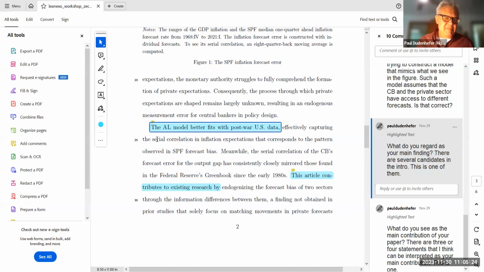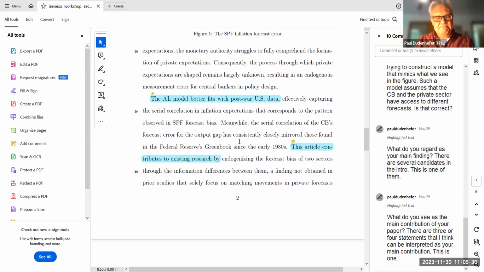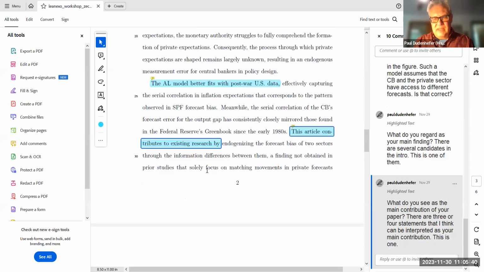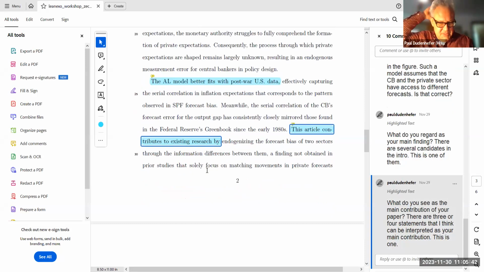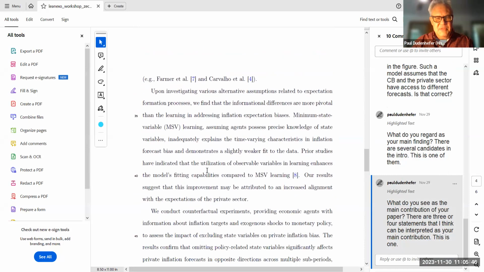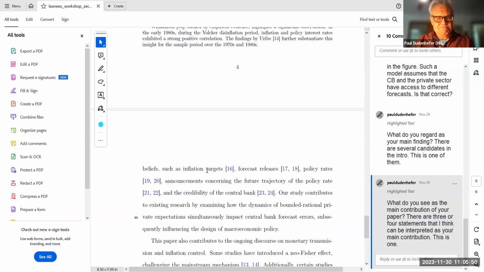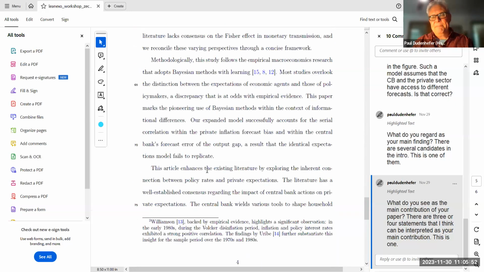But maybe it's not, because there are other statements you make in your introduction that were candidates for, oh, this is the main finding, or this is the main point. And I've already asked you what you see as the main contribution of your paper.